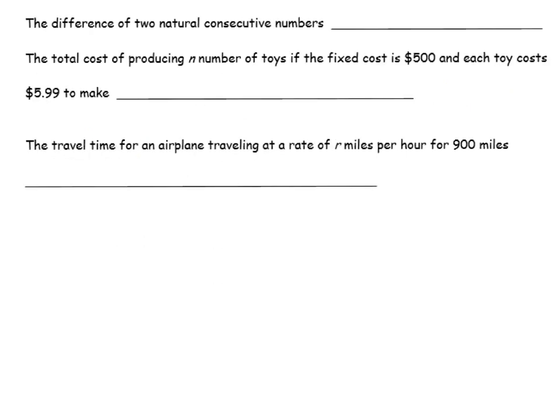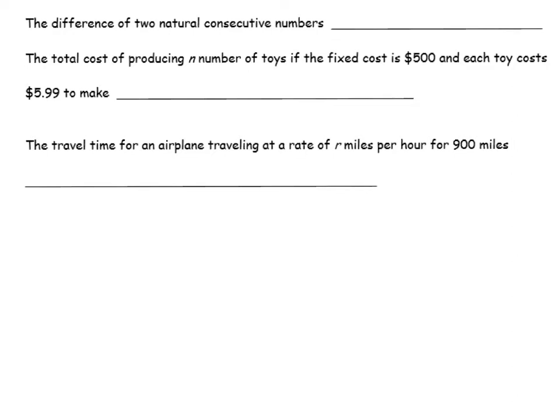All right, here's a few descriptors that we'll use to put into equations. Okay, the difference of two natural consecutive numbers. Okay, a little clarification there. Natural numbers are sometimes called the counting numbers, like 1, 2, 3, 4, 5, 6, 7. They're just positive and they're whole numbers.